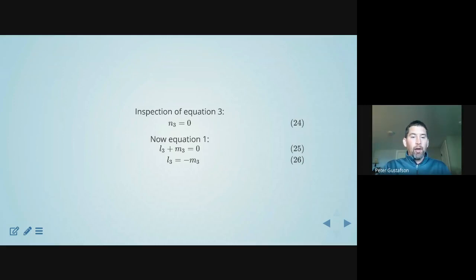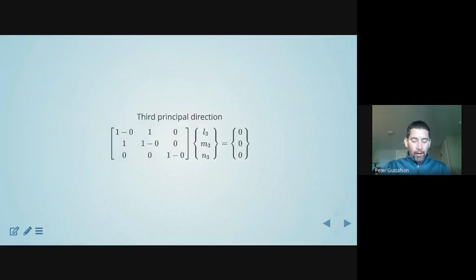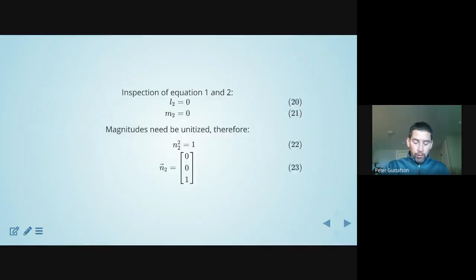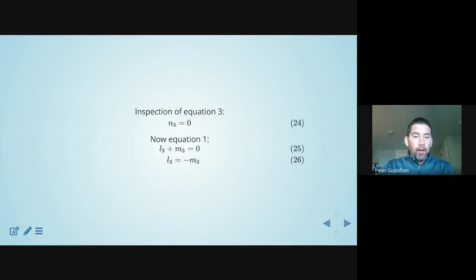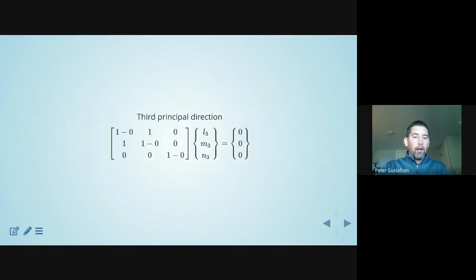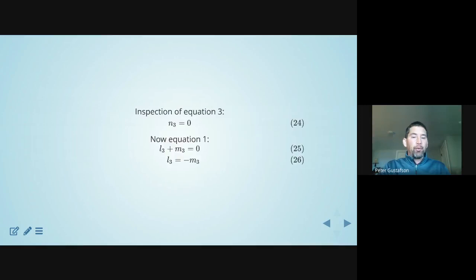And then, of course, we can look at equation 1. So let me go back and just highlight these. Okay, so this equation was, oh shoot, I guess I've lost my ability to edit. Go back and inspect equation 1. In this equation, we can see 1 times L3 plus 1 times M3 plus 0 is equal to 0. From that, we see L3 and M3 are opposite of each other in a minus sign sense.